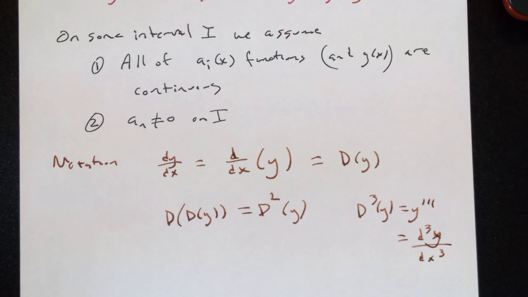That's atrocious. Wait a second. If that D squared y means the same thing as y double prime, then I could think of this as an operator. It operates on a function. You give me a function, the D tells me what to do with it. Differentiate. As many times as it says.